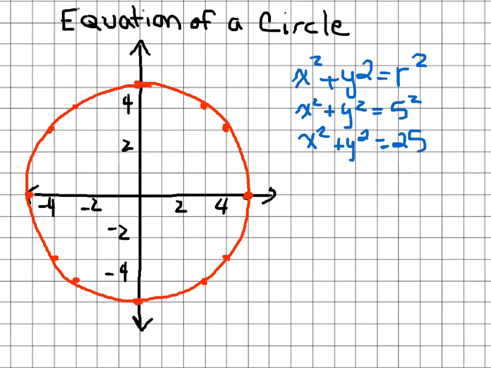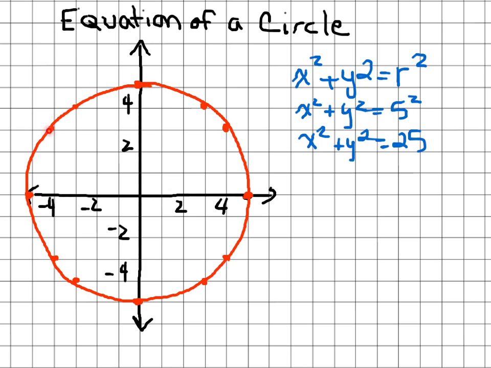What you may also have noticed, if you've looked at the distance formula, or the length of a line segment, or the distance between 2 points, is that this equation is the same thing, because the radius is a distance, the distance from the origin to any point along the circle.